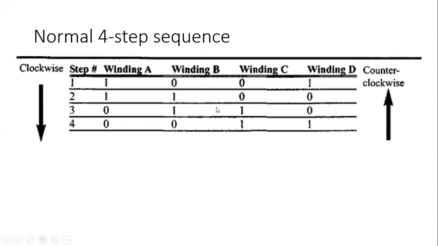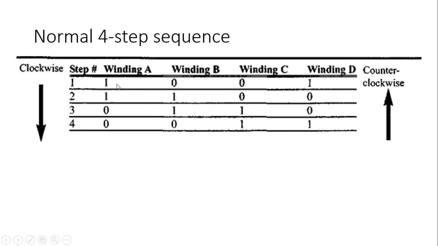But the most widely used step sequence is given here, which we call the normal four step sequence. You can see that there are four windings, A, B, C and D, and four combinations are given here.